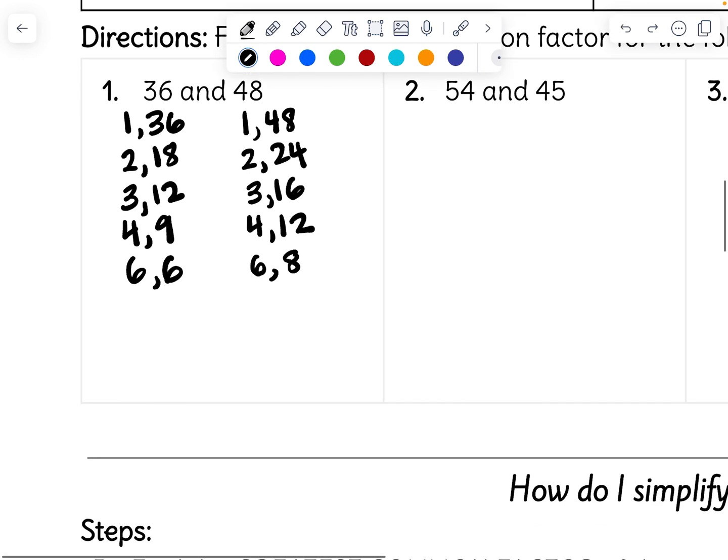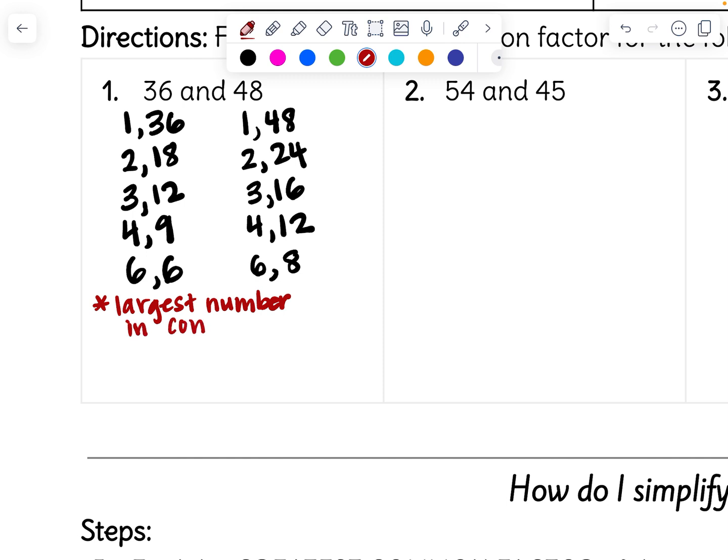So let's look at what is the largest number that they have in common. And that would be 12. So the GCF for 36 and 48 is 12.